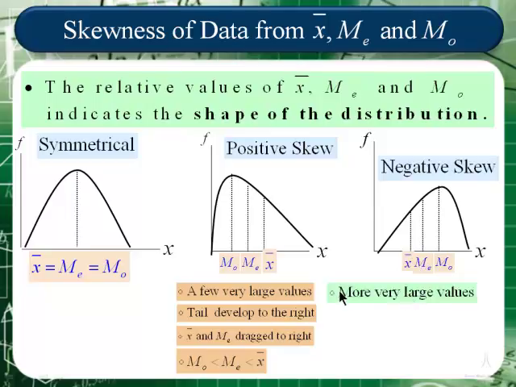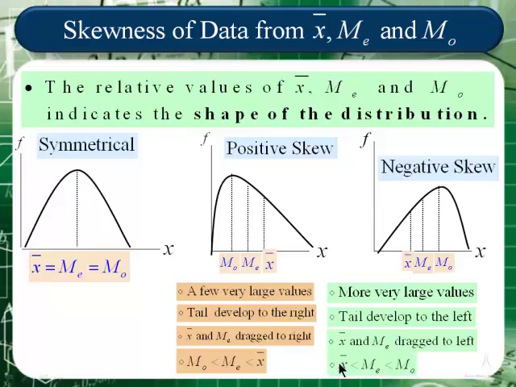So what happens here? We have many very large numbers and very few small values. So a tail developed to the left. The mean and the median are dragged towards the left, and this will be the sequence. So the median is smaller than the mode but greater than the mean.